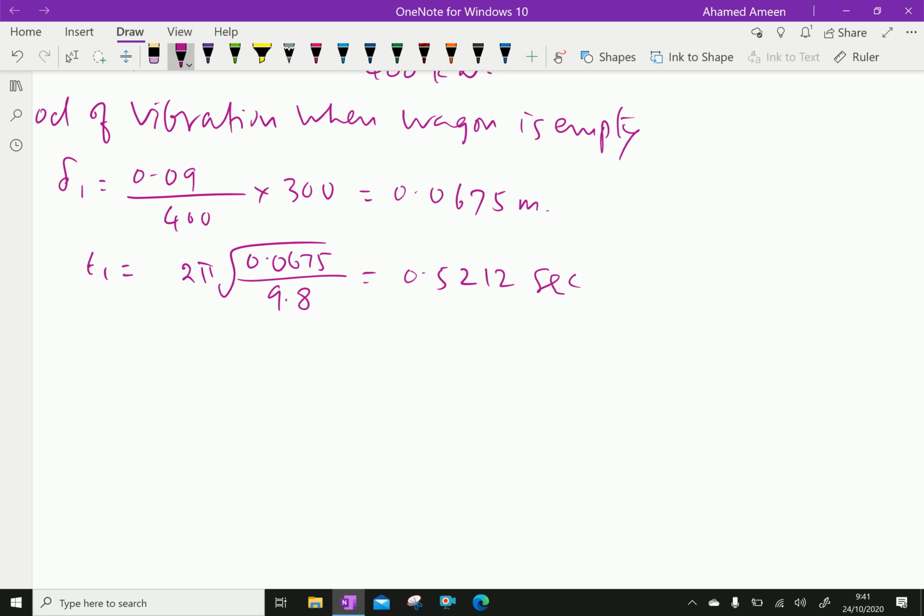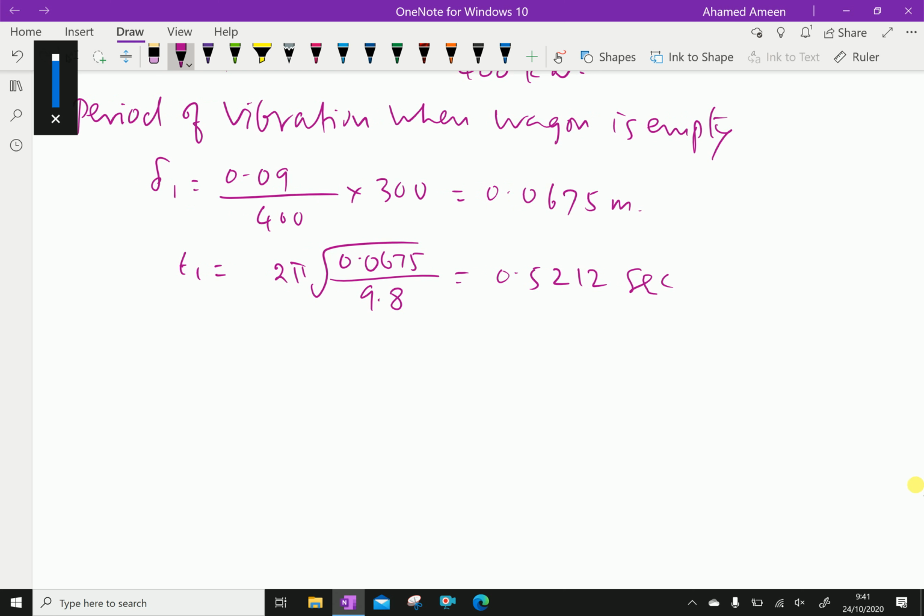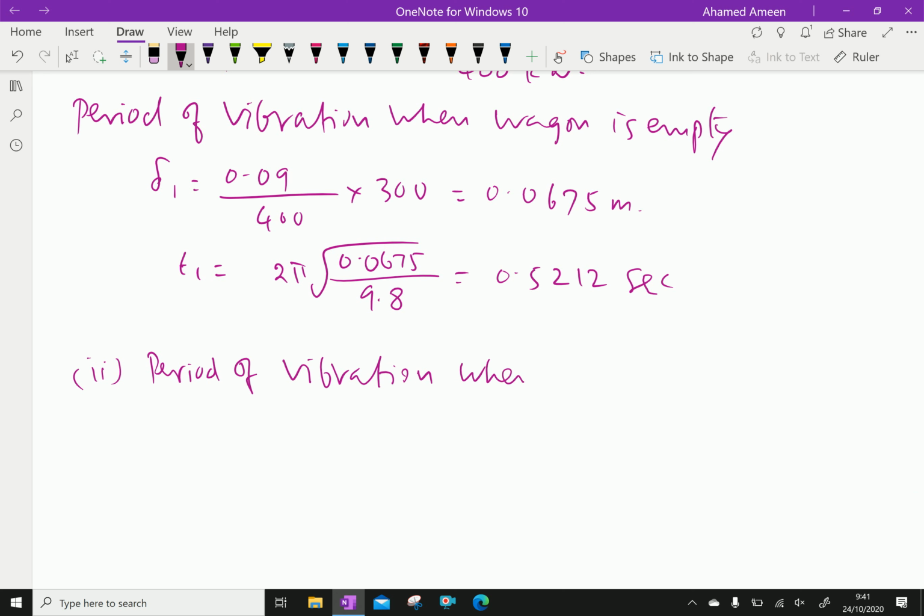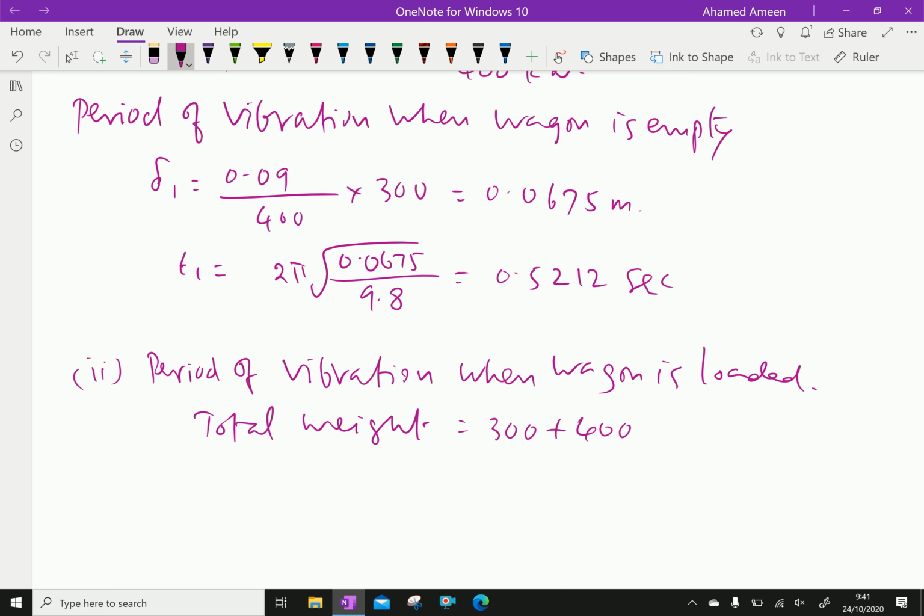Next, we got the first part. Then second, period of vibration when the wagon is loaded. At this condition, we will write first the total weight. Total weight of the wagon, that is empty weight 300 plus load 400, totally 700 kilonewton.